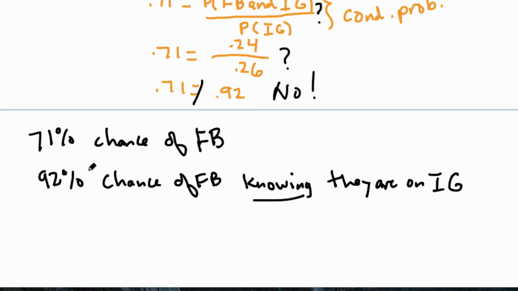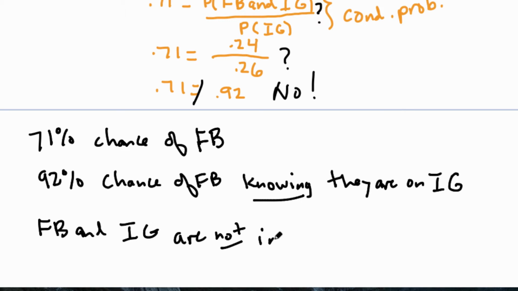Knowing that information, knowing that someone's on Instagram, it changes the probability that they belong on Facebook. So because these numbers are not equal, these events are not independent. Being on Facebook and being on Instagram are not independent. So the whole idea is that knowing someone was on Instagram changed or increased the chances that they are on Facebook. So we have not independent events.